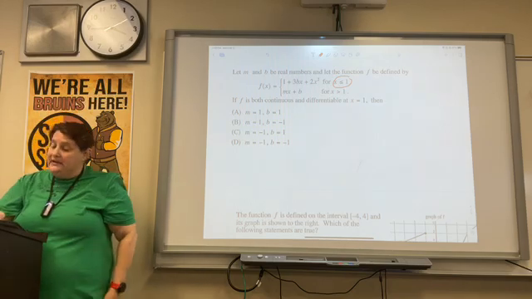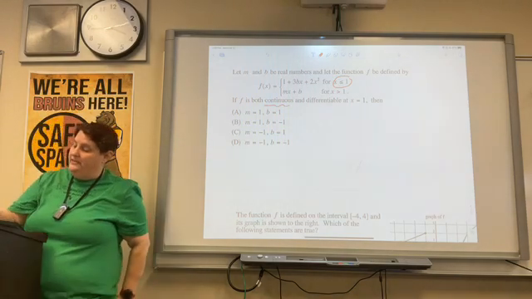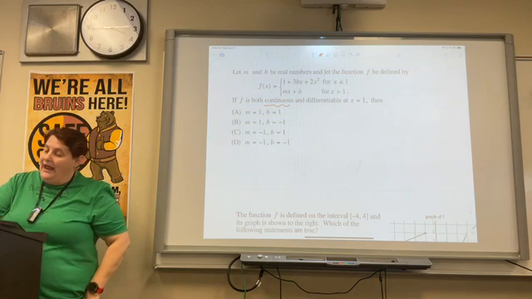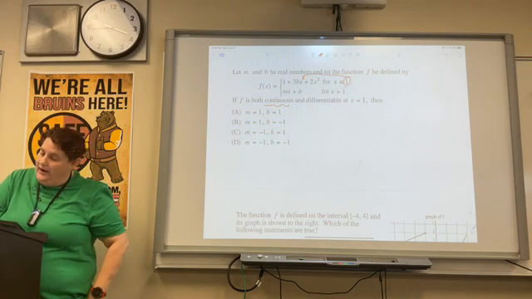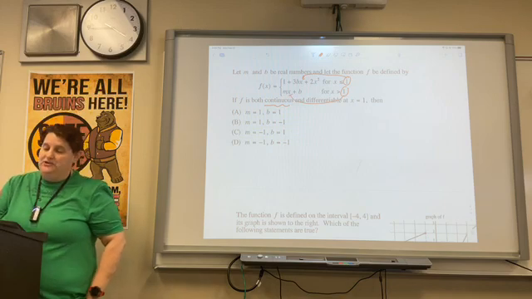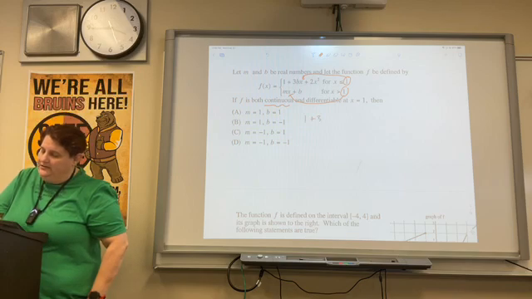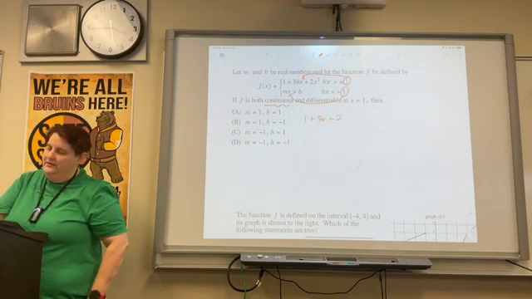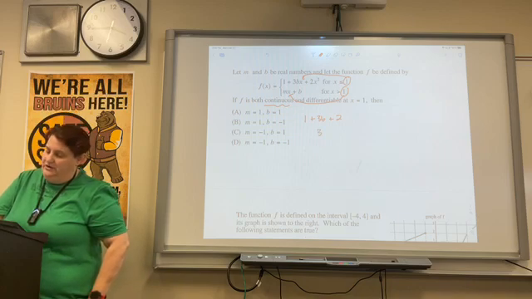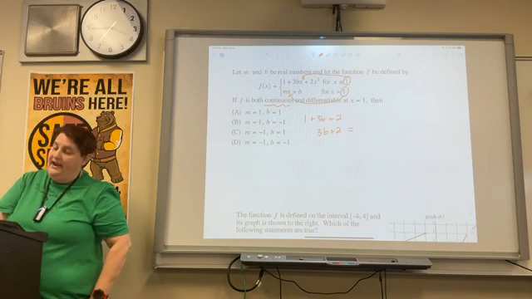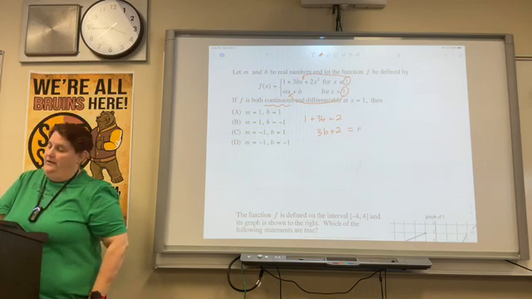When it says continuous, what that means is when I plug in 1 here for x, and when I plug in 1 here, they should be equal. Does that make sense? So, 1 plus 3b plus 2 times 1 squared. So 1 plus 3b plus 2, or can I just call that 3b plus 2? Yeah? And that has to equal 1.